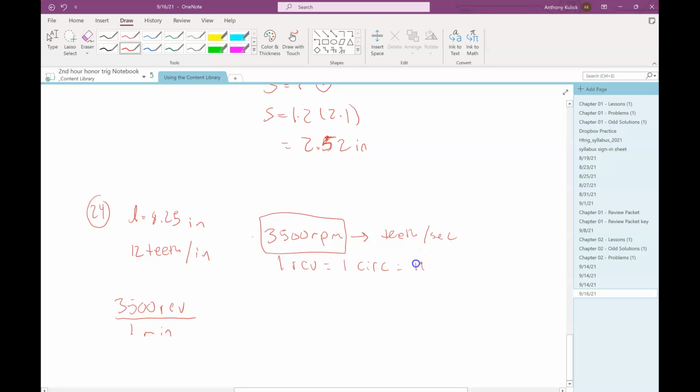In this case, that's going to be pi times the diameter, or 8.25 pi. So far, so good? Okay. When I do that first multiplication, the revolutions cancel, and I'm in inches per minute.